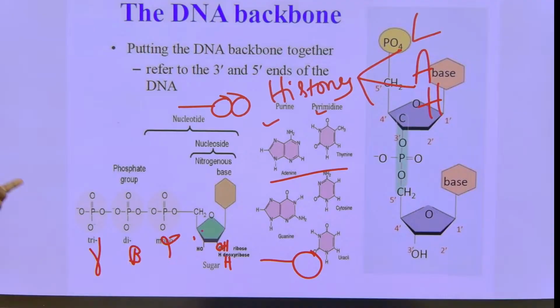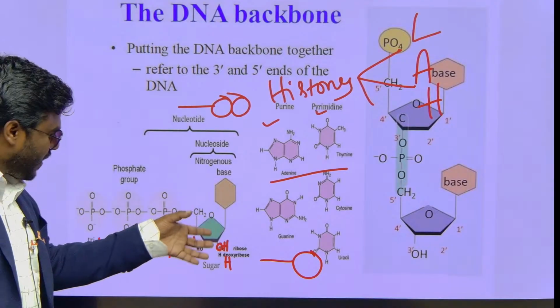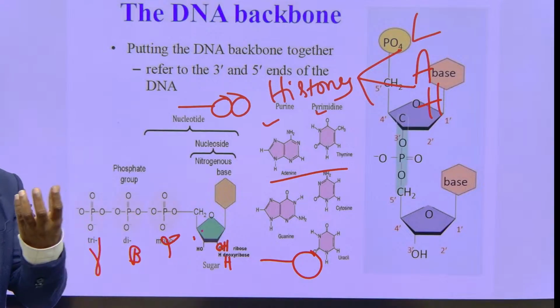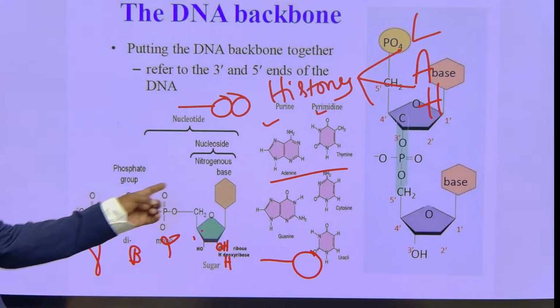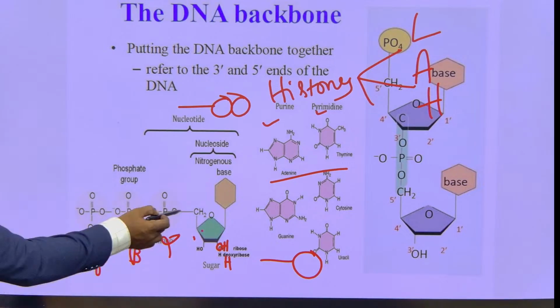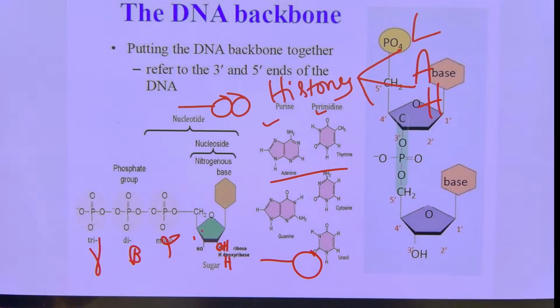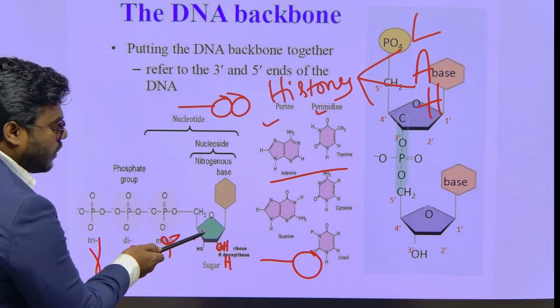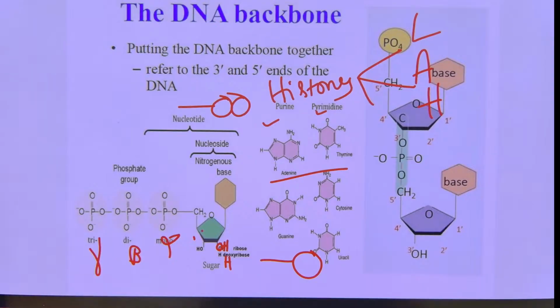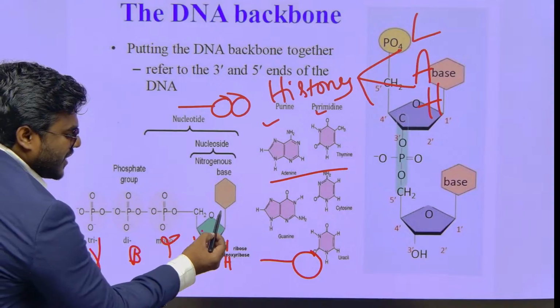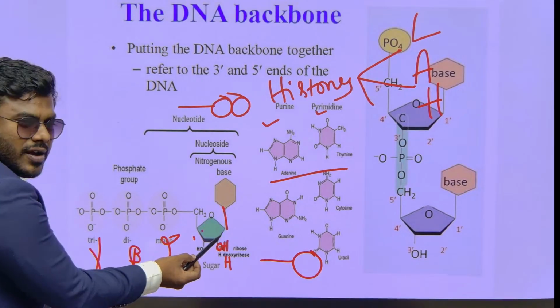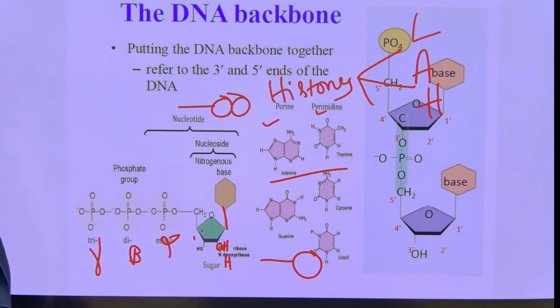Now, most important point, we read all these 3 as individual components. Now we have to combine everything. Only then do we call it a nucleotide. Now all of you answer, how can sugar combine with the base? I told you in nucleic acids also. The first carbon of the sugar combines with what? Nitrogenous base.